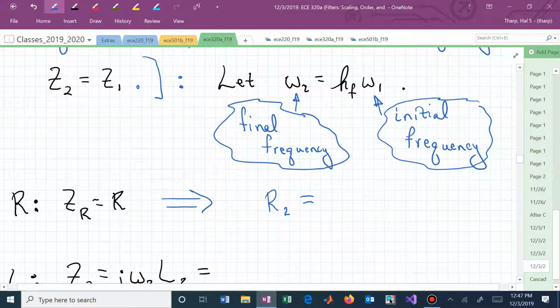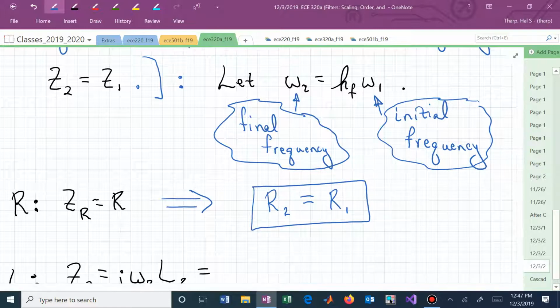And what's Z sub 1 when we have a resistor for our impedance? That's just R1. So if we're frequency scaling, we don't need to worry about adjusting the resistor values. They just go through unchanged. If we magnitude scale, we do have to accommodate those changes.